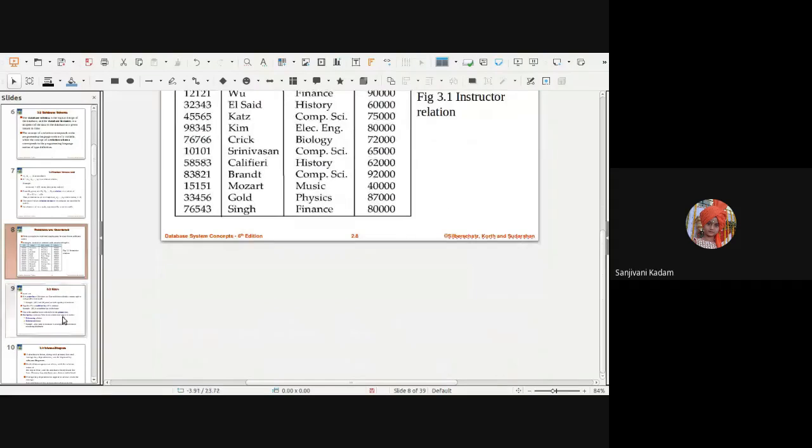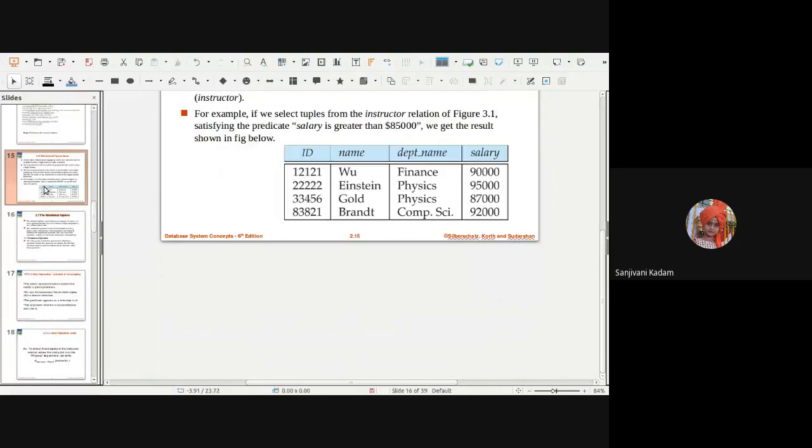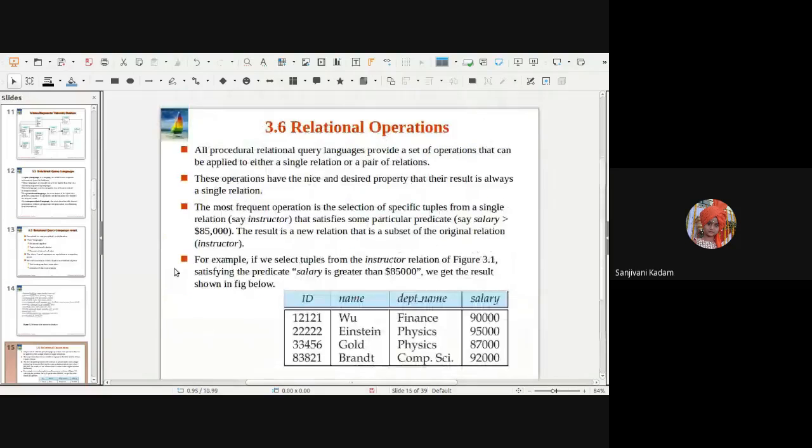So let us see the other things given in this relation. Here the most frequent operation is the selection of specific tuples from a single relation. We are not selecting every tuple from the relation, but only selected tuples or rows.